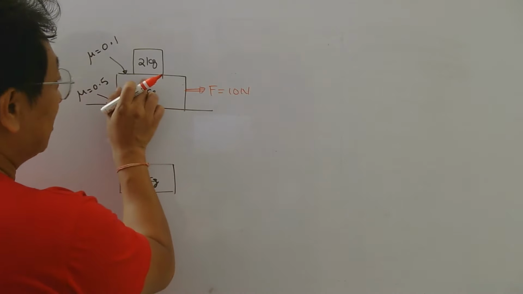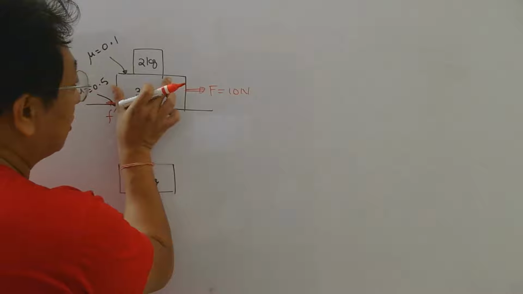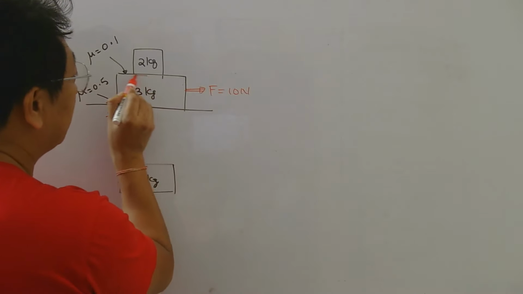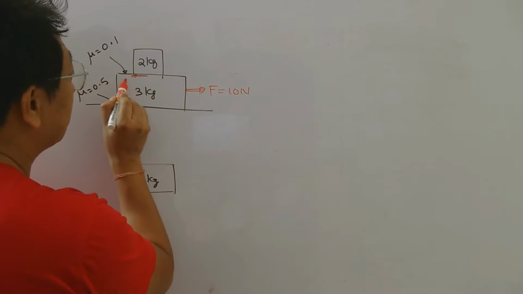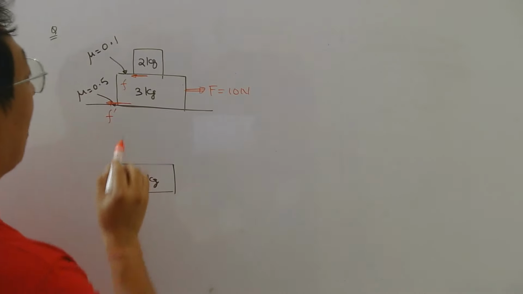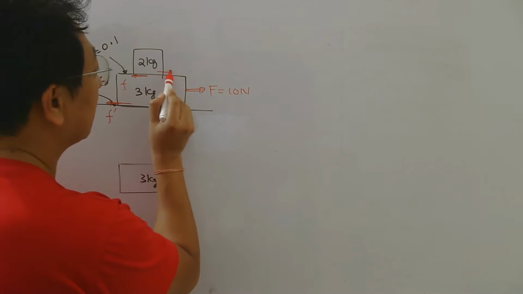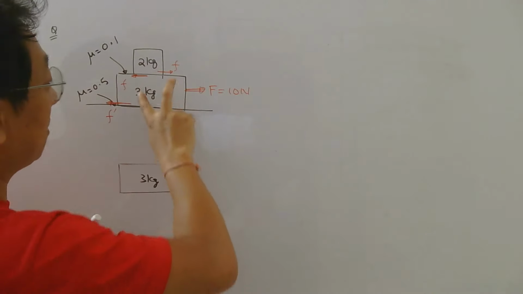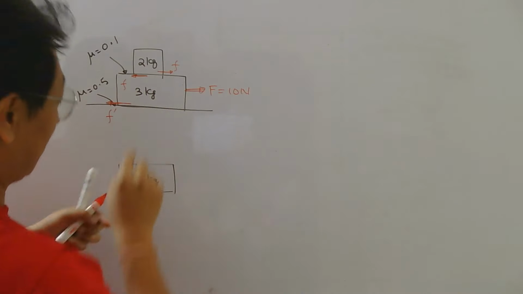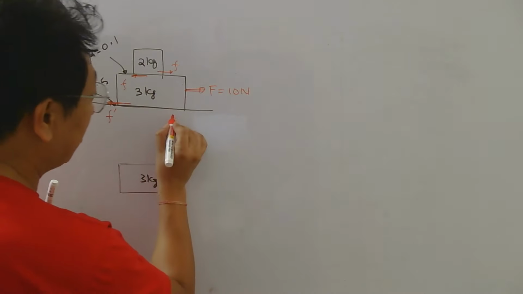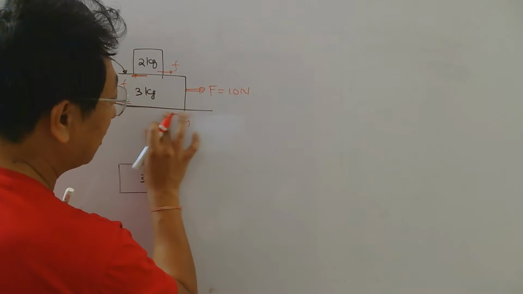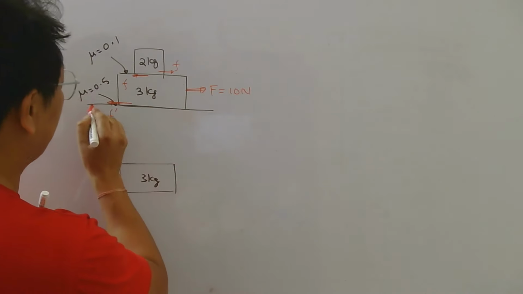And this time this block is going this way. So this block will feel friction here, F. And the reaction of that friction will act on the 2 kg here. But remember, forces always come in pairs. The reaction of this will act on the table, right? But I'm not interested in that because I'm not going to take the table as the system, right?